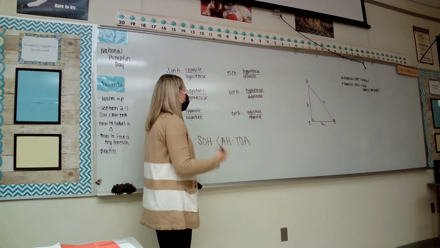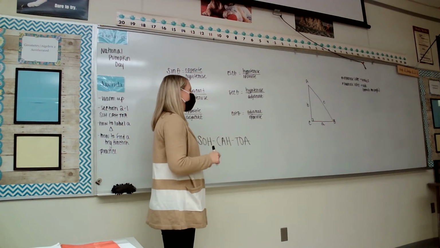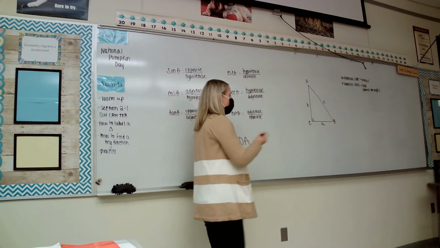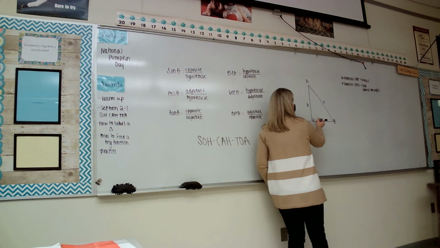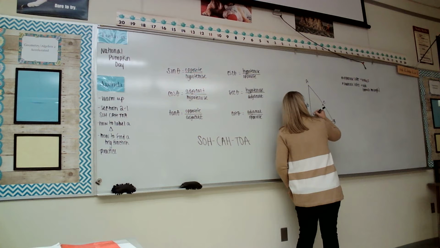And when we're talking about opposite, adjacent, hypotenuse, it depends on what angle, so we'll talk about that in a second. But the hypotenuse is always the same. The hypotenuse is always opposite the 90-degree angle. So that side is your hypotenuse.